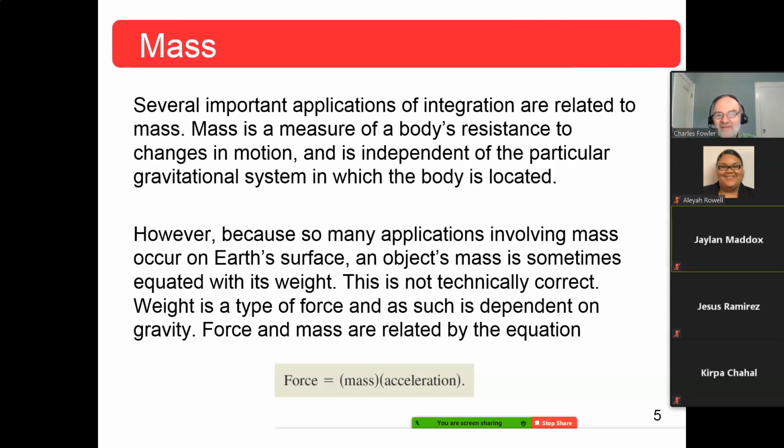That's not technically correct if they equate it. Weight is a type of force, and as such is dependent on gravity, but if you're anywhere on the surface of the Earth, gravity is constant. Okay, so force and mass are related by this equation. Force is equal to mass times acceleration. That's basically Newton's second law. Force equals mass times acceleration.